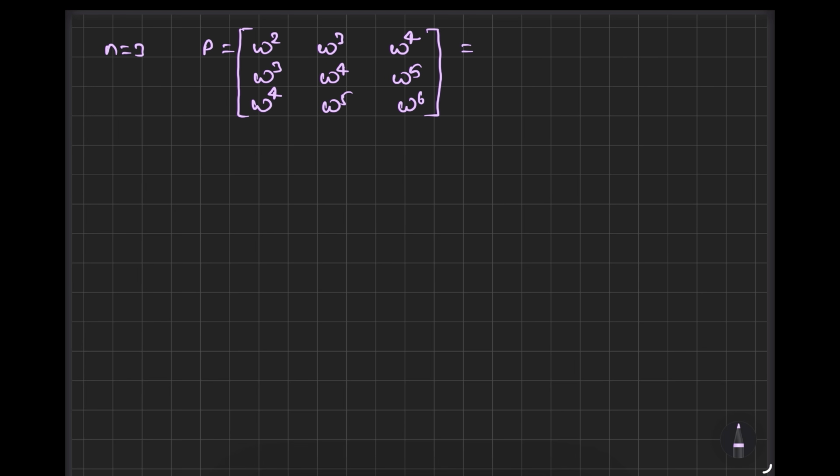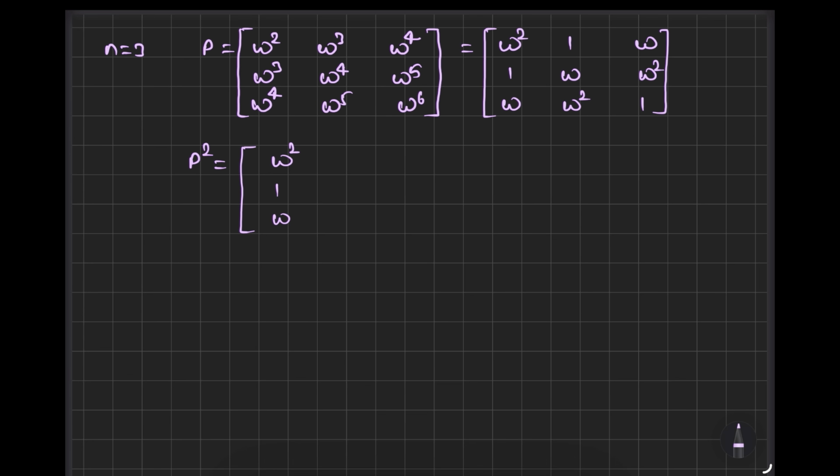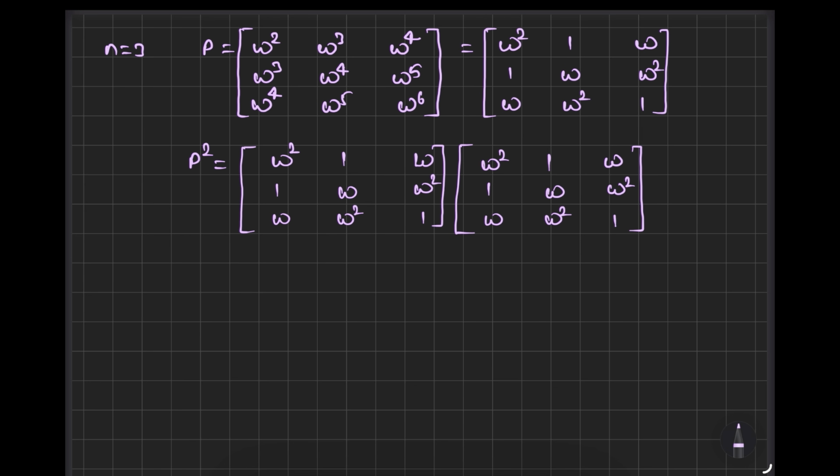You can simplify this matrix a little bit: omega square, 1, omega; 1, omega, omega square; omega, omega square, 1. So this is your P, and we need to focus on P square, which is P multiplied by P.